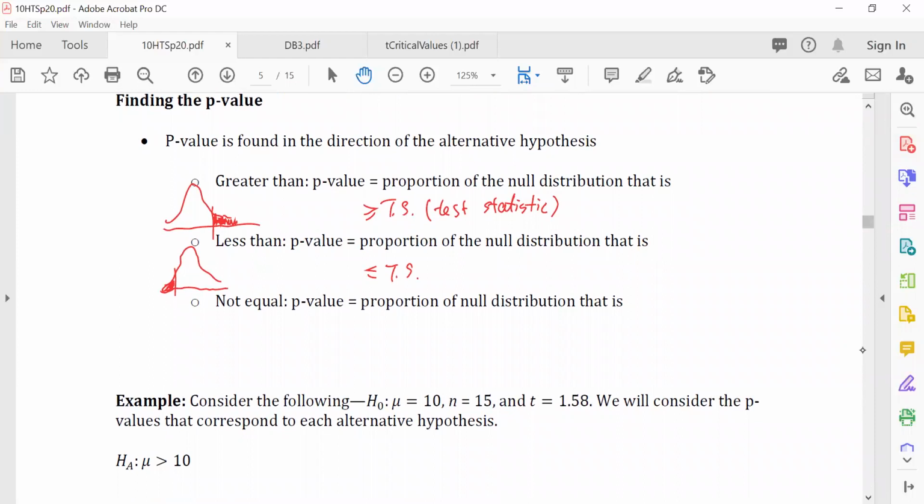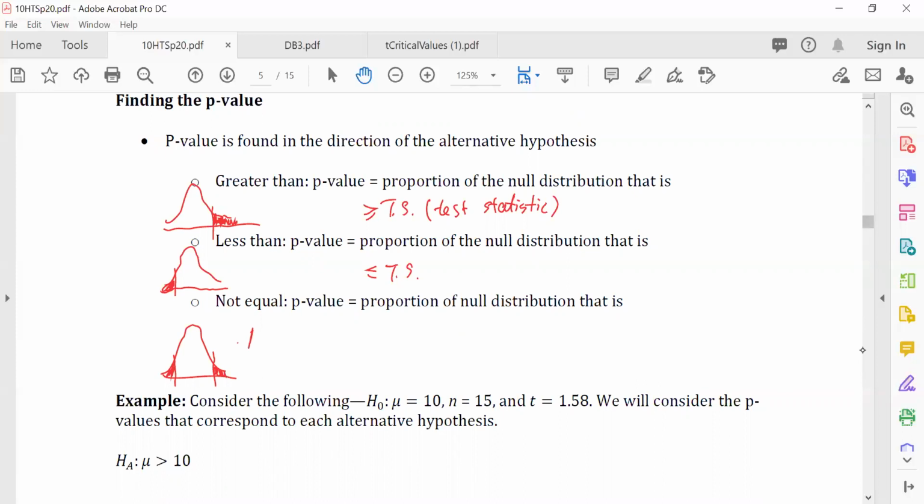Remember we said there are three forms of your alternative hypothesis. If your alternative hypothesis is a not equal to, then you have to consider the area under the curve for either to the left of this value or to the right of this value.